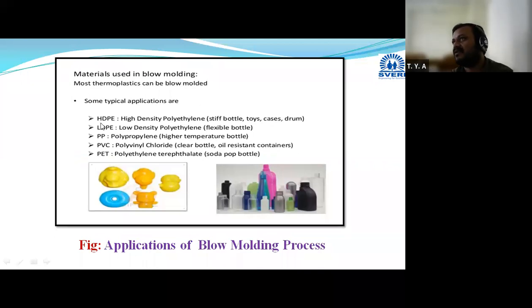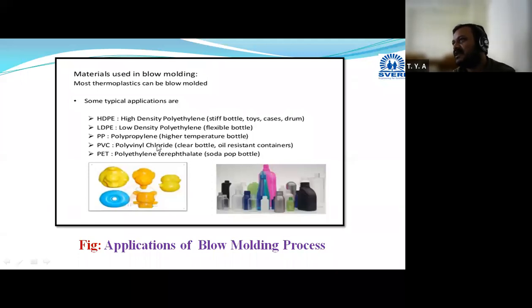For example, HDPE, that is high density polyethylene, and LDPE, low density polyethylene, for manufacturing different shape bottles and toys. HDPE is generally used for manufacturing drums also. Then polypropylene, where the bottles are required to sustain a slightly high temperature range, we use polypropylene.